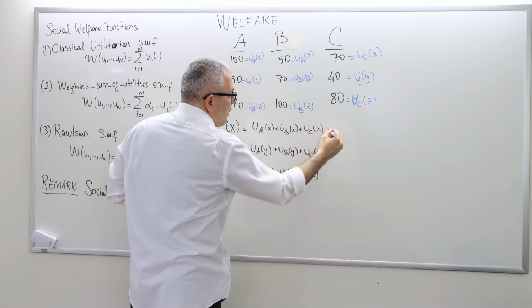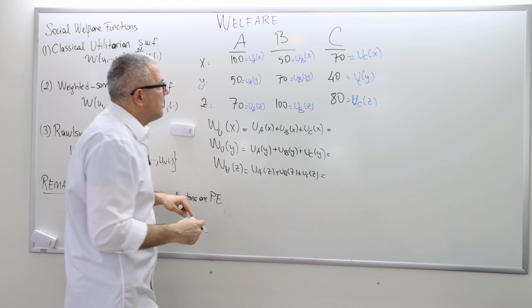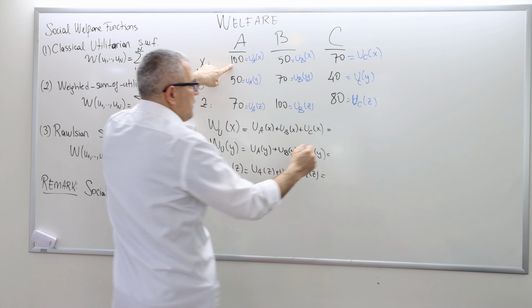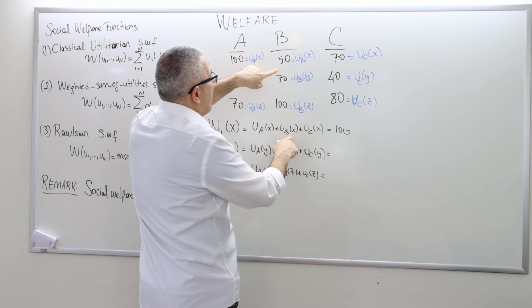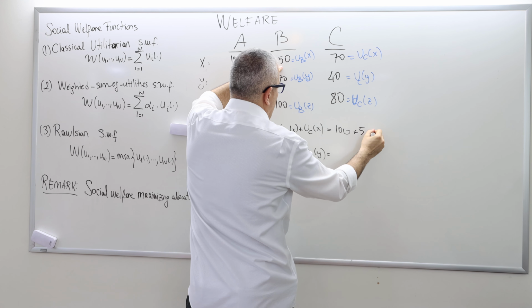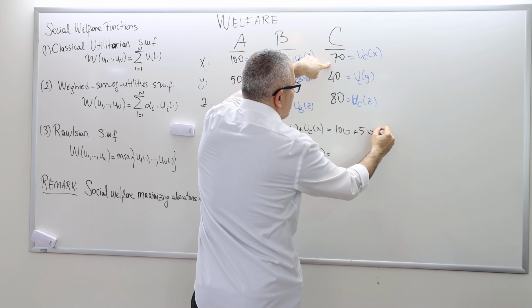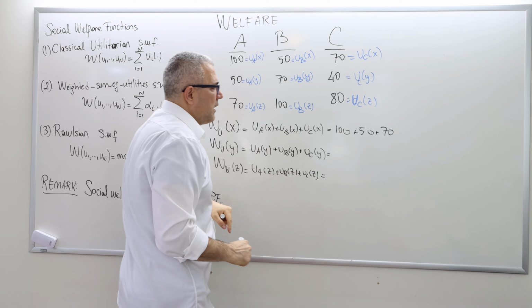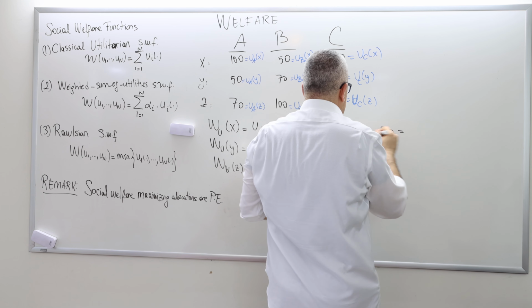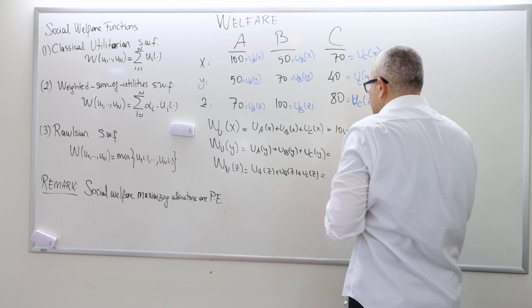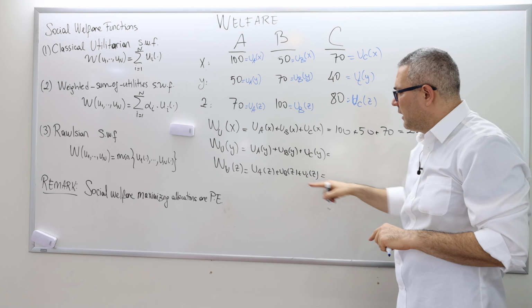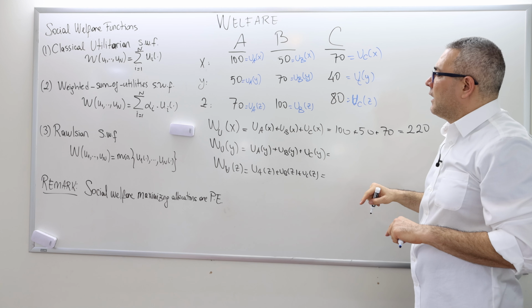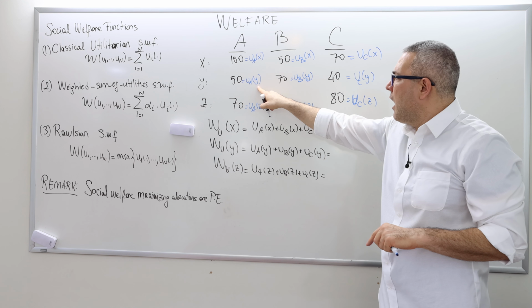All right? So the rest is very simple. UAX is 100, UBX is 50, and UCX is 70. All right? So in total, this is going to be equal to 220 units of utility. And what about alternative Y?